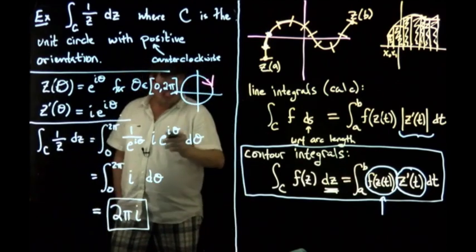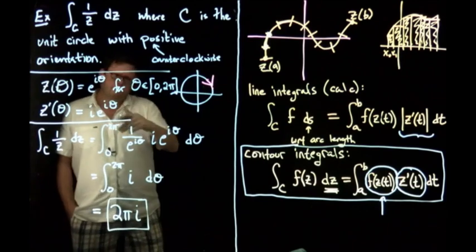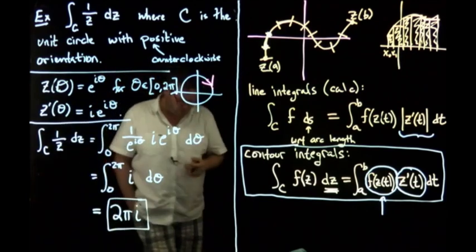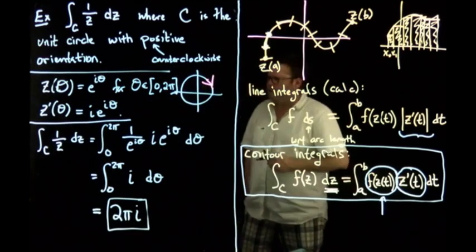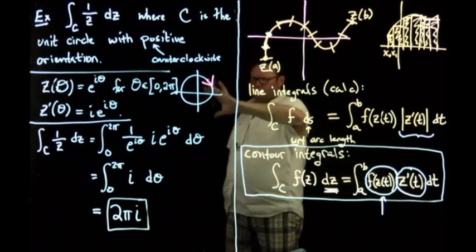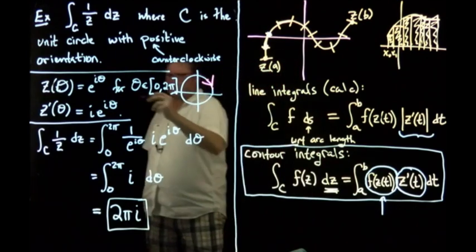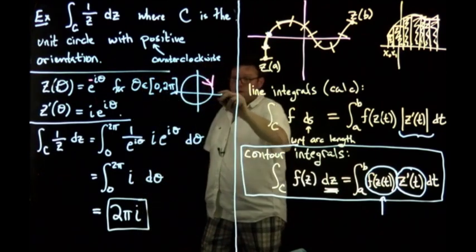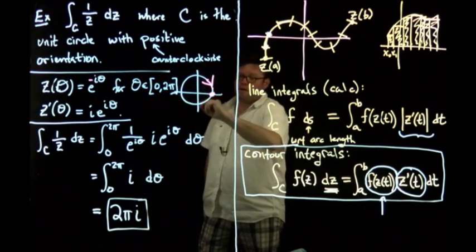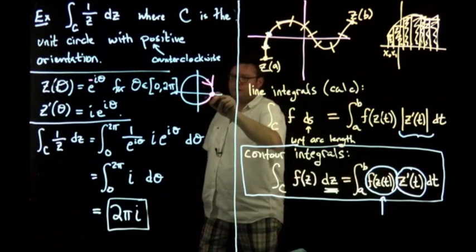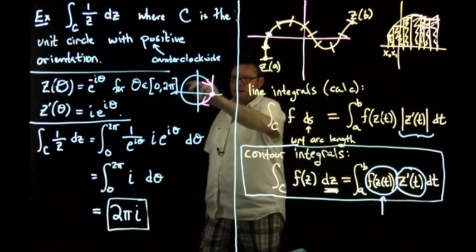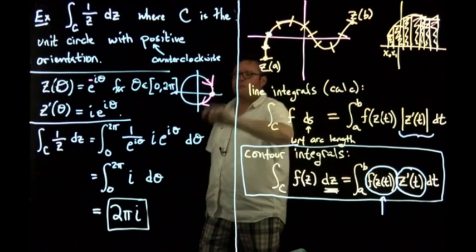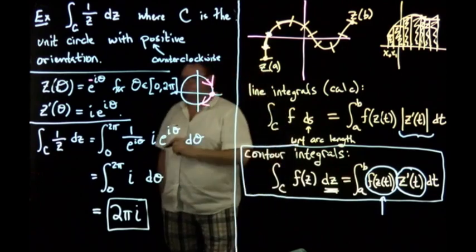Well, one way to do that, remember last time we talked about a general way to reverse orientation. And in this specific case, there's just a nicer way to reverse the orientation. We just put a negative in there. Okay, that'll start when theta is 0, and it'll go that way. And it'll end when theta is negative 2 pi, back at the point 1.